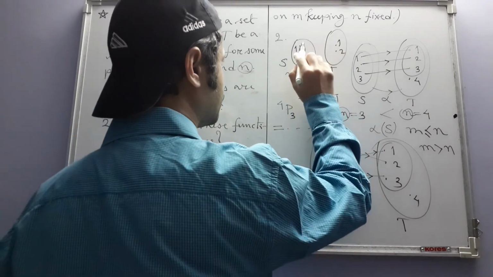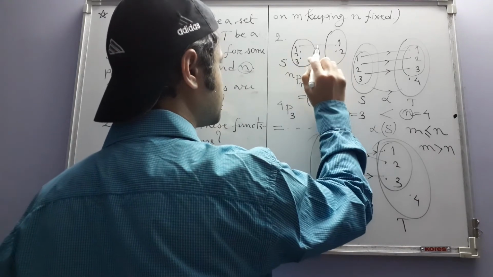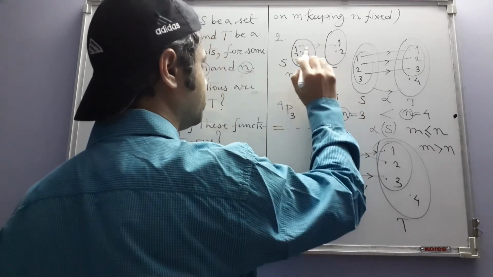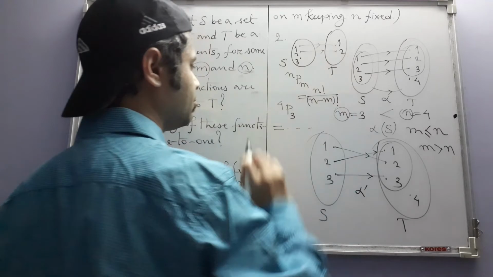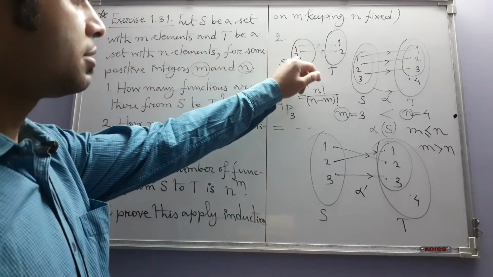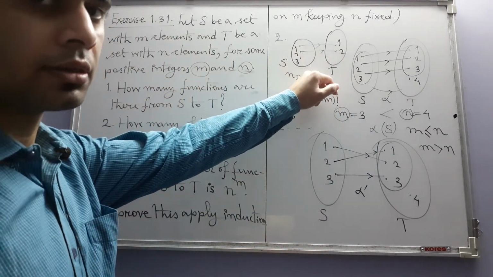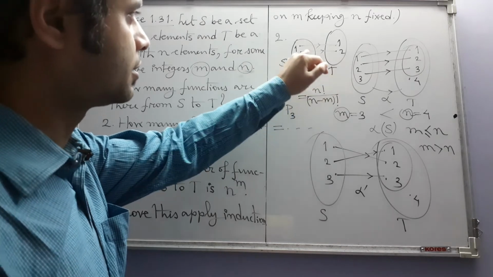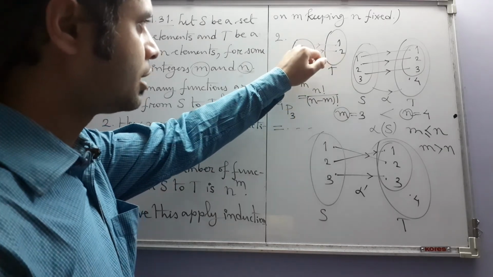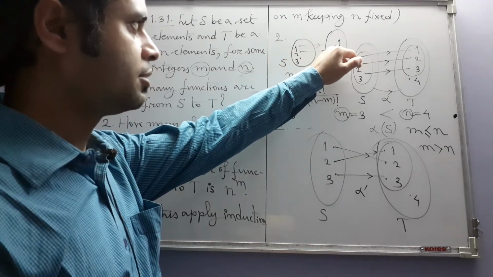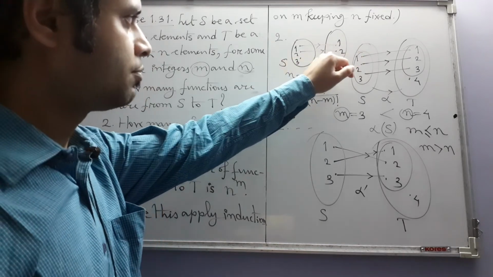Because for the sake of one-to-oneness, say you start by defining the images of these elements under your function, and in that way you are defining the function. Say you have chosen the image of 1 to be 1 and the image of 2 to be 2.